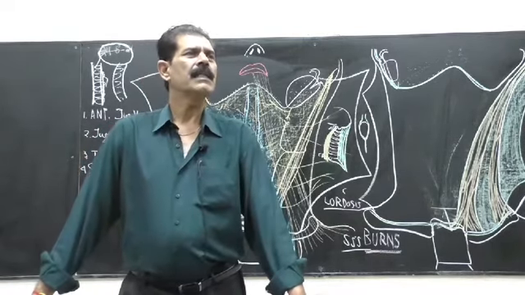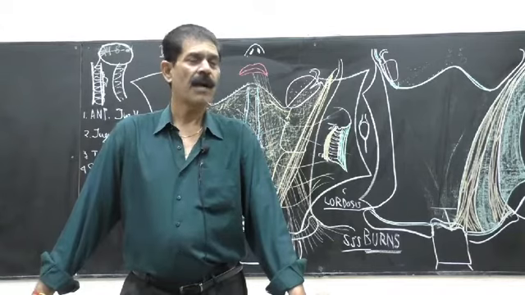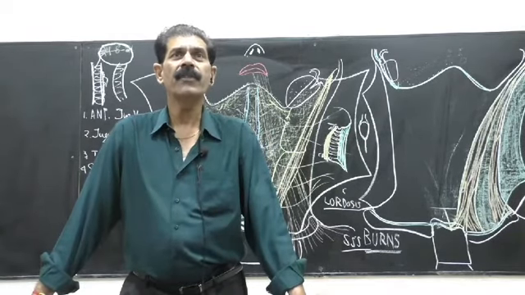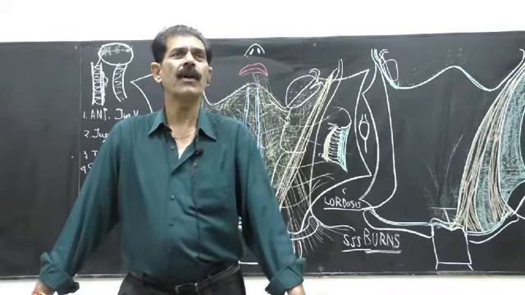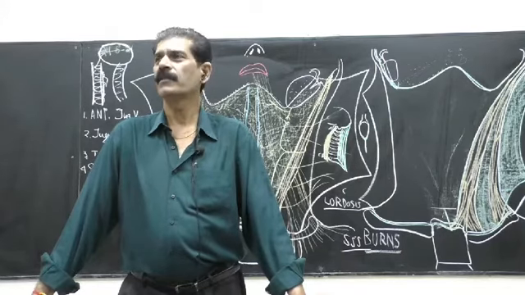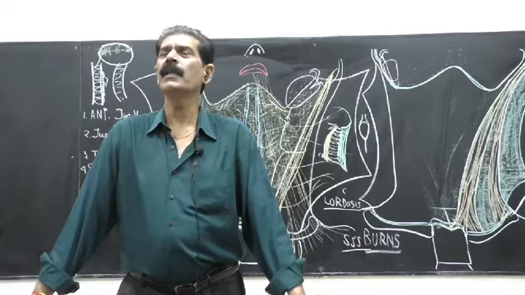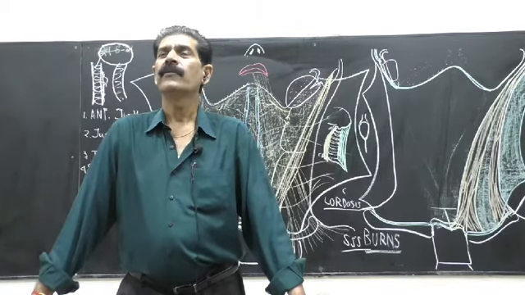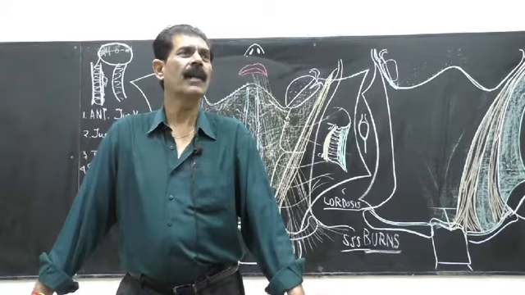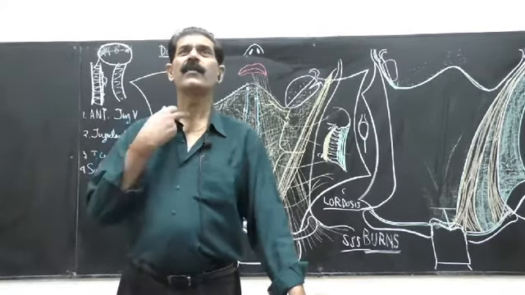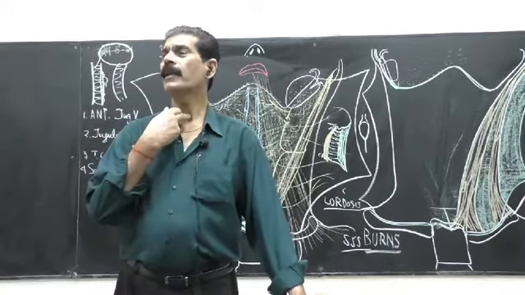So the deep relation is the trachea covered by the pretracheal fascia, which is also the extension of the investing layer of the deep cervical fascia. Same pretracheal fascia which invests the false capsule of the thyroid gland is also covering the trachea. So that is the deep content.